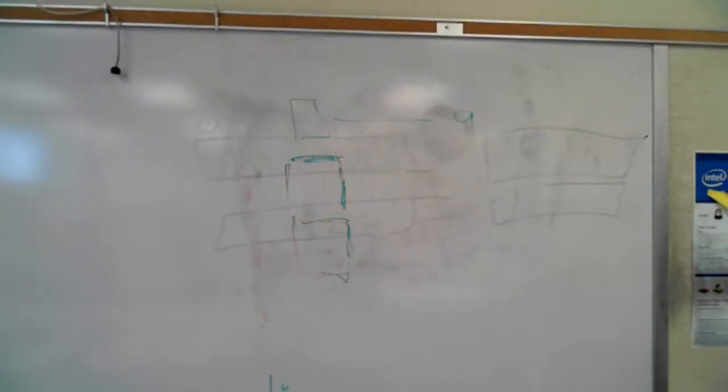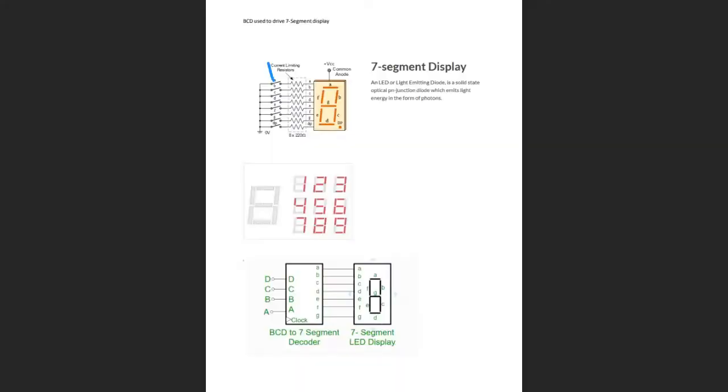And I think I made a picture for you. Look at this picture. If you go down on this picture and zoom in on it, you can see in the middle here that depending on which switch you close over here, you can actually display the digits 0 through 9.